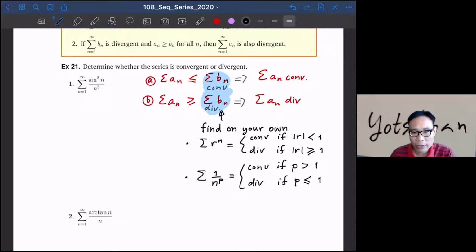Okay, so those are the two kinds of series that we use. The first is called the geometric series. The second is called the p-series.